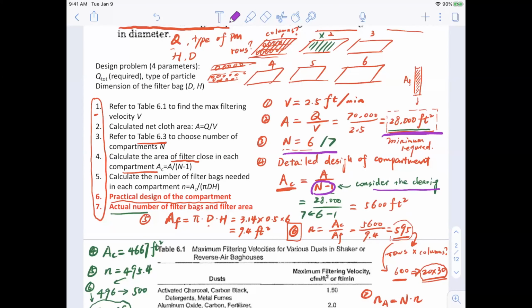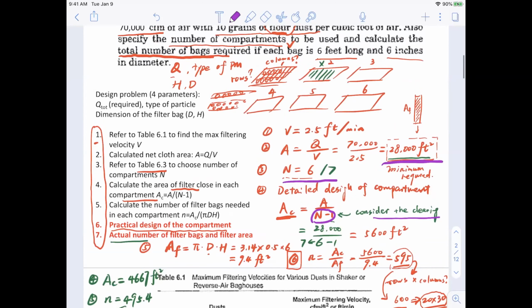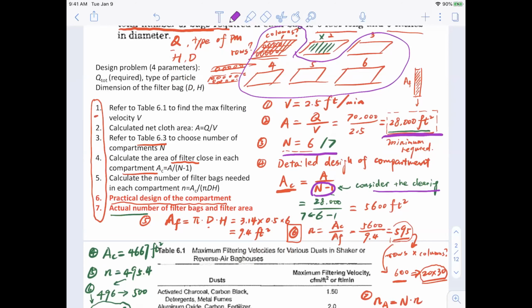So basically what that means is that the remaining compartments have to have the minimum area of the filter bag, right? So that's where we divide this 28,000 by 6 minus 1. In that way, we make sure that when we multiply the AC by 5, which is the remaining number of compartments, the total area still can satisfy this requirement, right?